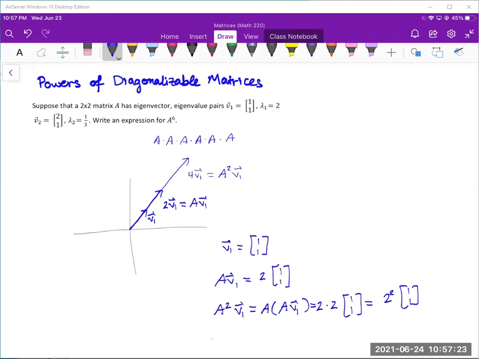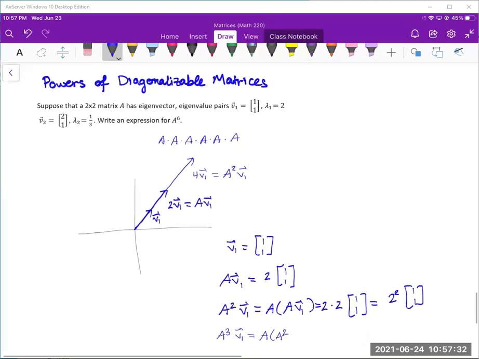And if we have A cubed V1, we get A times A squared V1. Or 2 times 2 squared times the vector 1, 1. So this is going to be 2 cubed times 1, 1.